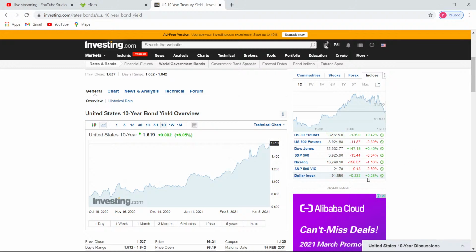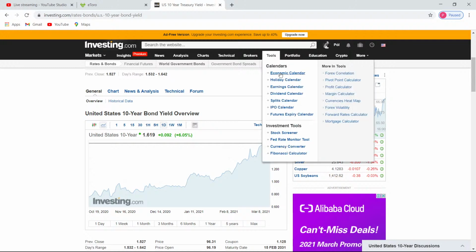So the dollar index increasing and the yields also increasing are all working against the indices and stocks, and therefore you also see quite a big pullback in the stock market and indices. For commodities here, everything is red apart from oil, which is most likely going to drop at the beginning of next week.